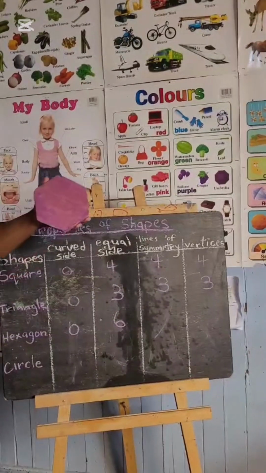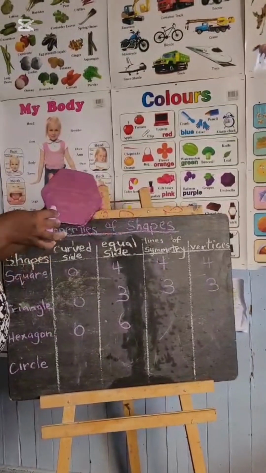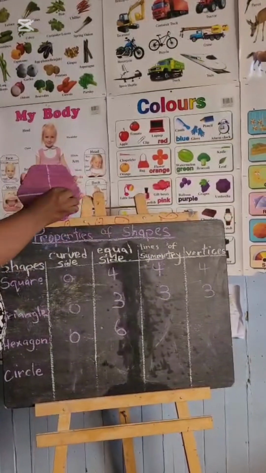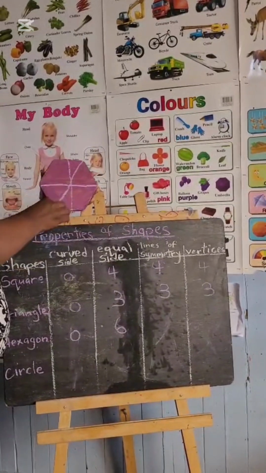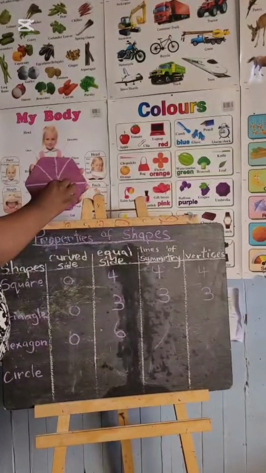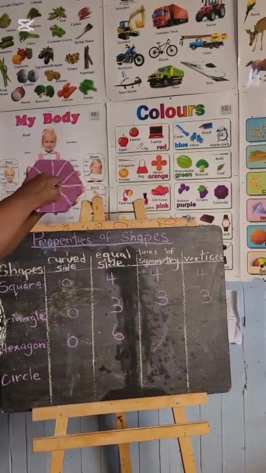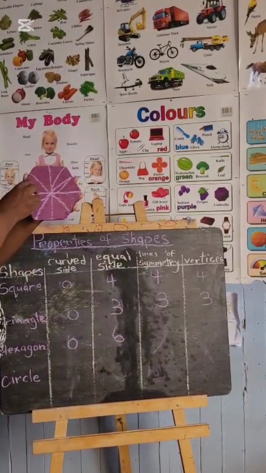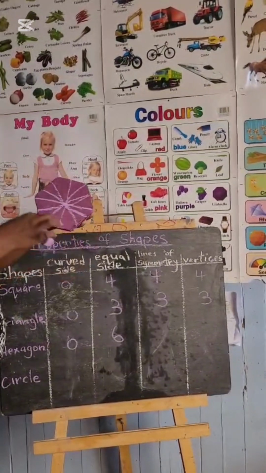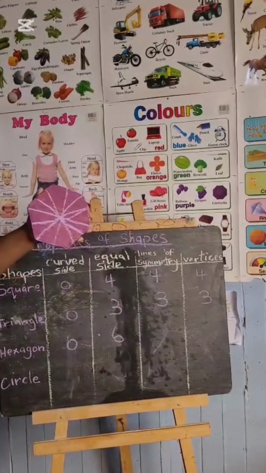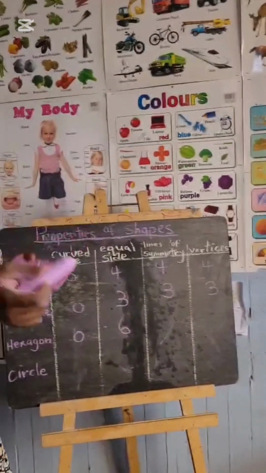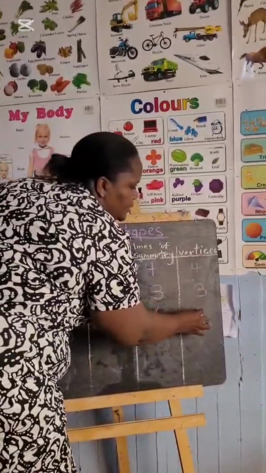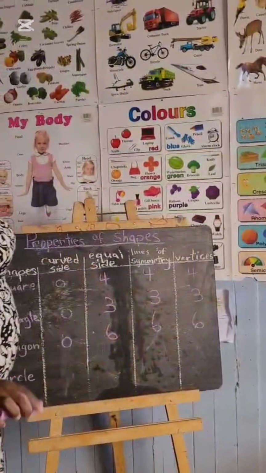That's correct. That would be 6 lines of symmetry. Let's draw it in. 1, 2, 3, 4, 5, 6. Now you need to take your time and use a ruler when you are drawing your lines of symmetry. So we have 6 lines of symmetry and 6 vertices.